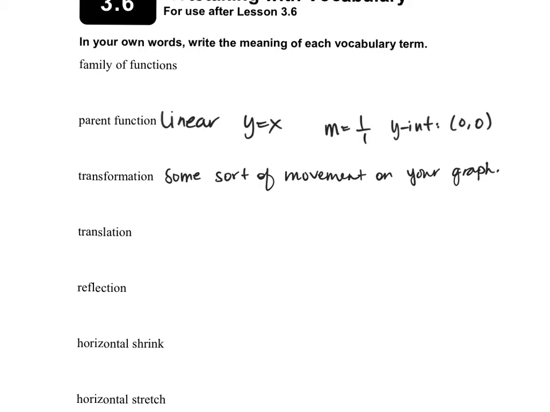Okay, translation means you're going horizontally, left or right, or you're going vertically, up or down.